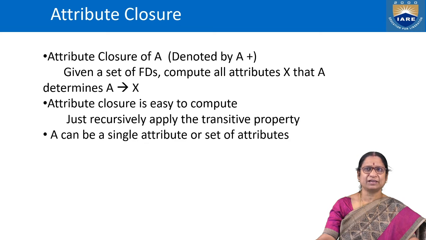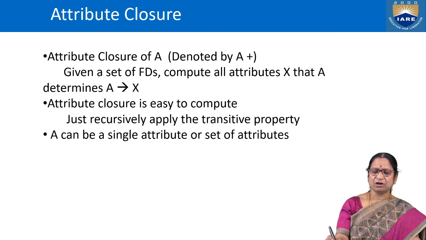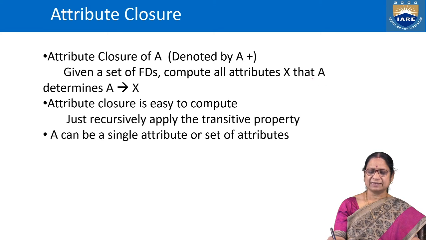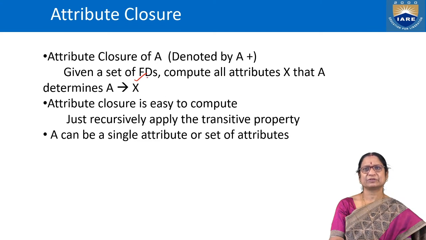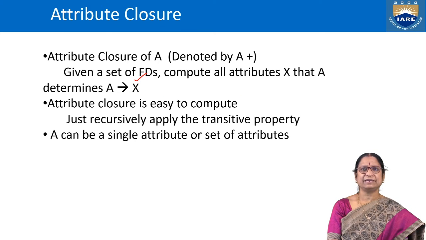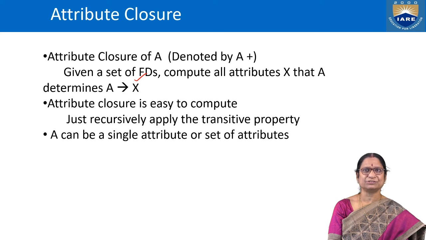So what is an attribute closure? The attribute closure of A is denoted by A plus. Given a set of FDs, compute all attributes X such that A determines X. Here the attribute may be a single attribute or a set of attributes, remember.